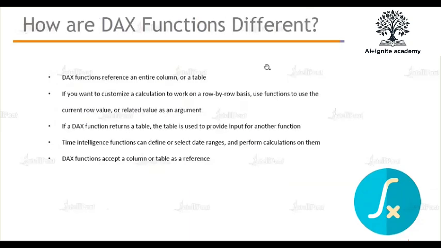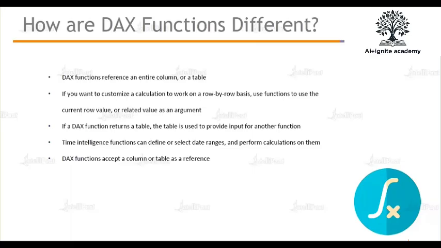How are DAX functions different? DAX functions reference an entire column or a table. As I told you, some DAX functions require a table, and some require an entire column. Let's say the SUM function requires a column only.